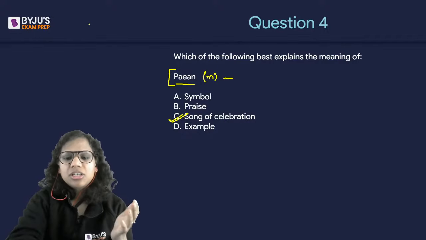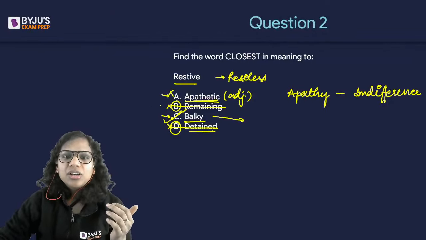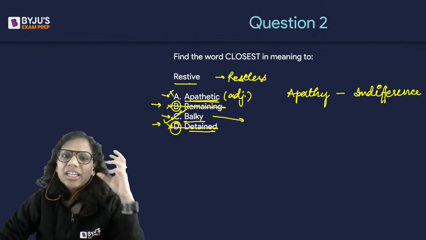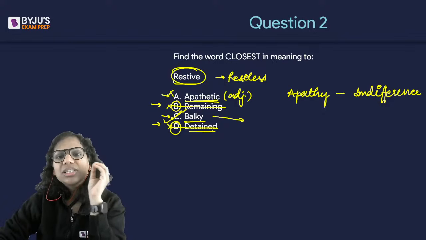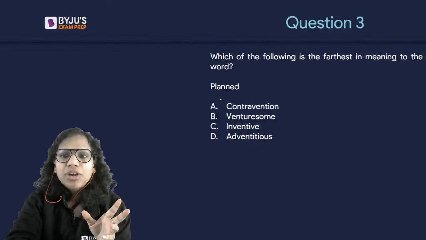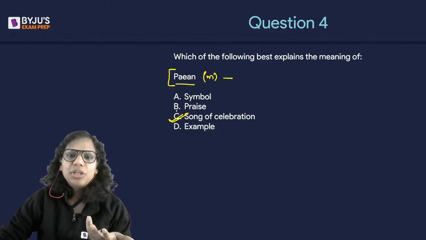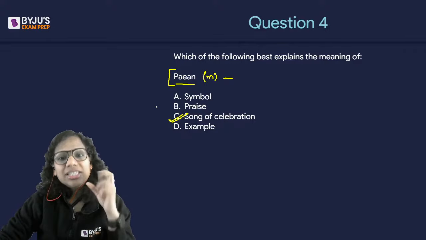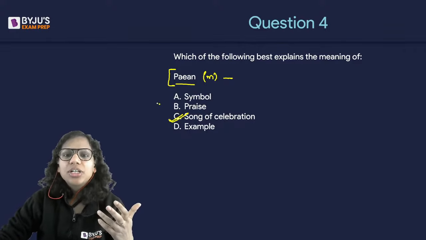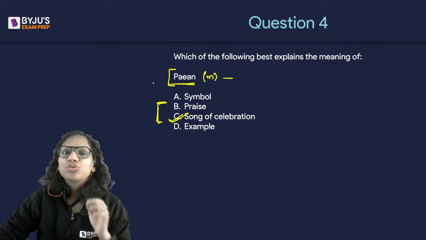When we looked at this word restive, remaining and detained, if you knew even a slight context of restive, you could eliminate these two, right? But in this question here, you have to know the meaning of paean. And in case you just have a very slight context, you still may get confused between B and C. So sometimes you do have to know the meanings of words.